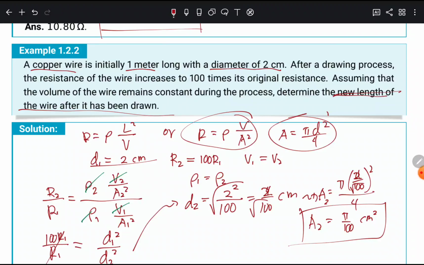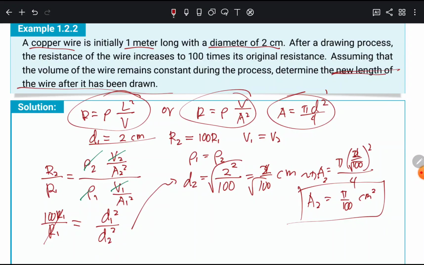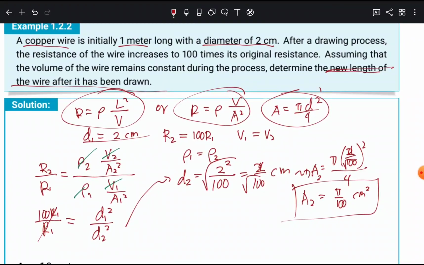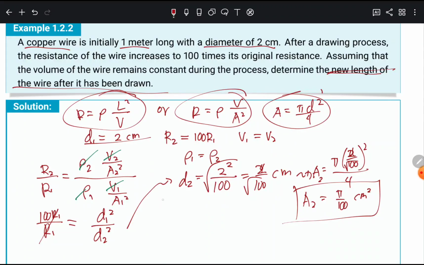But although it's asking for the length, then we will use this formula here. And to use that, it's the same process as we did from the previous example. We can just divide R1 and R2.